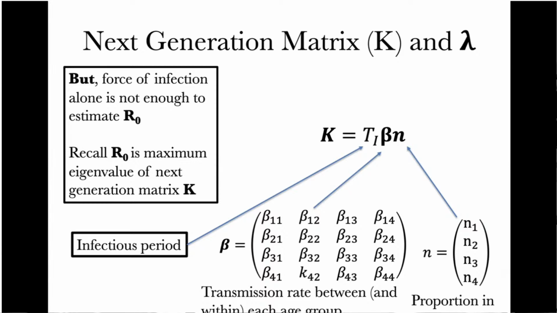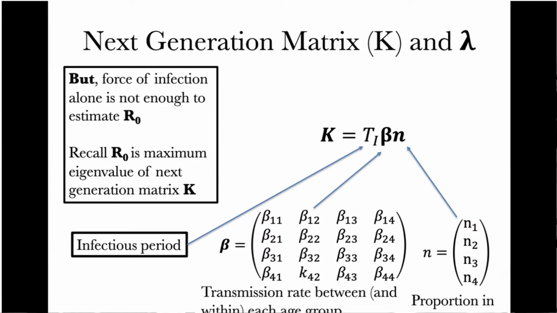Yeah, if you have several age groups in the population, then your beta actually is a matrix, and you have to factor in the proportion within each age group. So if we imagine beta times n in terms of matrix, what will that give you?